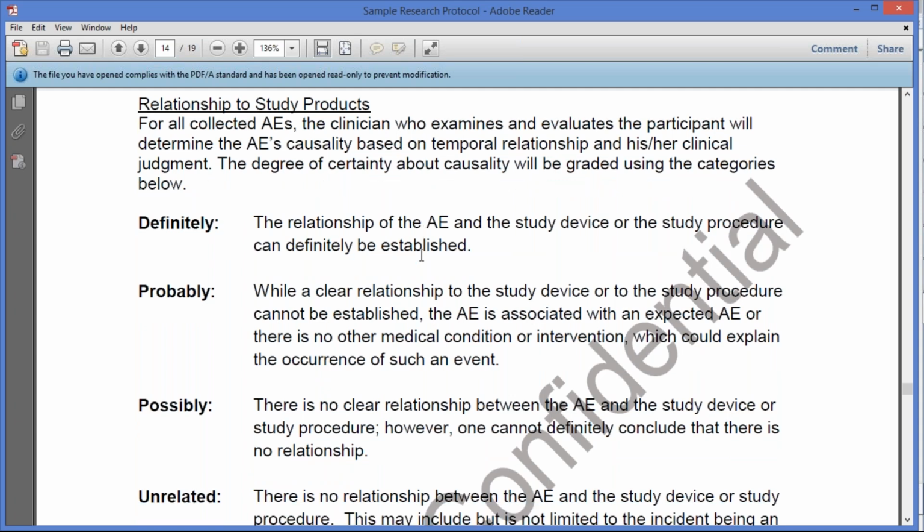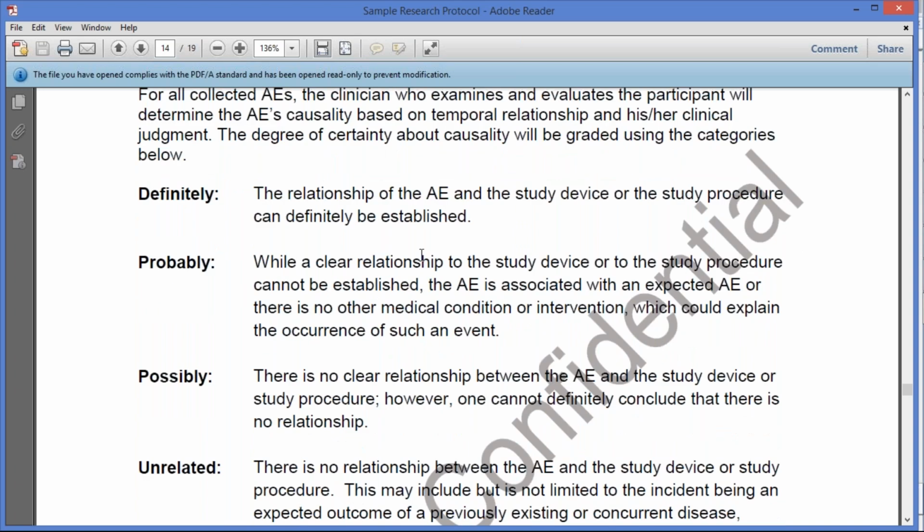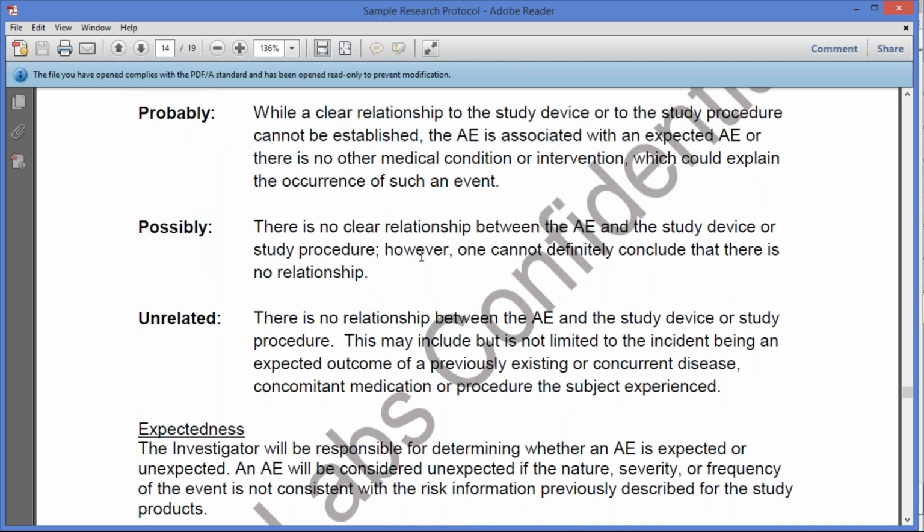Okay, definitely related means there is definite relationship between drug and event. Probably, maybe, may not be, possibly. Unrelated: definitely not related. The adverse effect is not related to the study drug, study treatment.